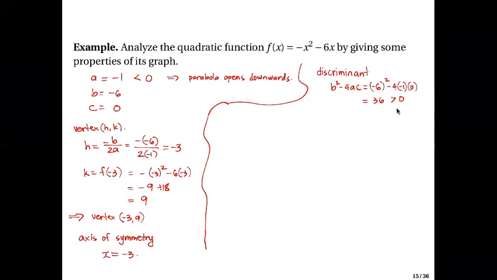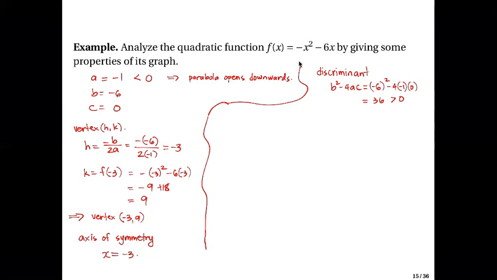So if it crosses the x-axis twice, let us calculate the x-intercepts. Since the discriminant is positive, the graph crosses the x-axis twice.